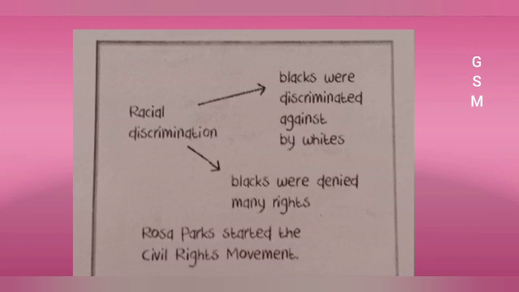Blacks were denied many privileges, and whites were granted more privileges. They were not allowed to vote. They had separate churches and there were separate schools for blacks which were of poor quality.